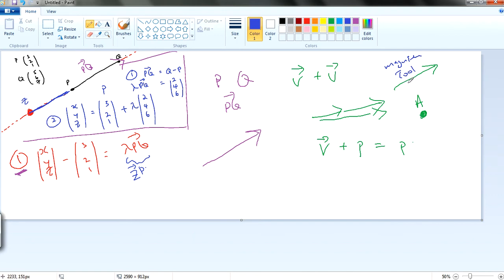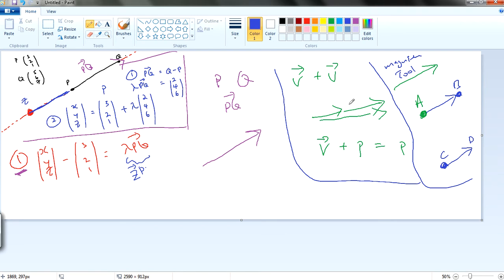So this vector can be applied in any form. Let's say we have another point, maybe C. You can put this vector at point A, and you can also put the vector at point C. If you put the vector here, you get a point B. If you put a vector on C, then you'll get a point D. This is the general concept that I want to convey.